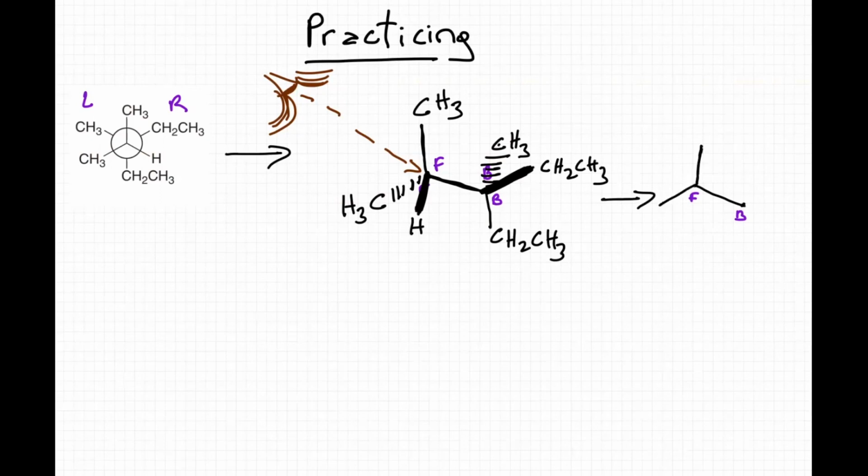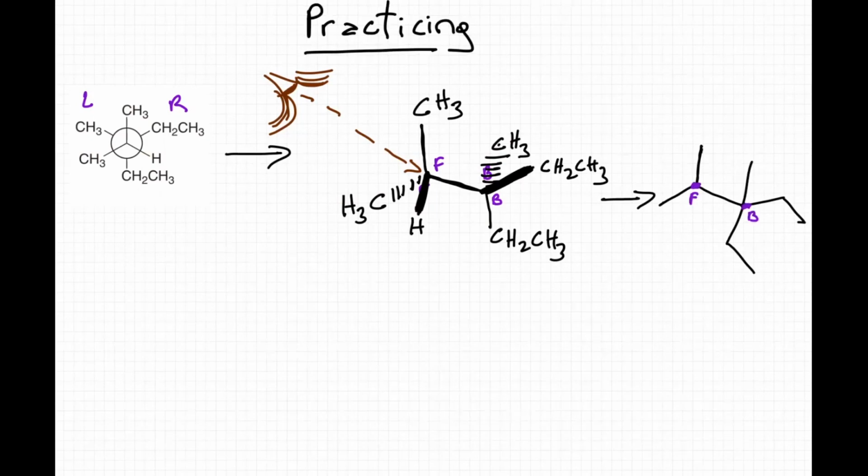And in the back carbon, we have one CH3 this way, and we have two ethyl groups. As a matter of fact, let's draw the ethyl first because they are bulky. And so we have an ethyl group here, we have another ethyl group here. We can add a CH3 group like this. And that's all I have for the Newman projection.